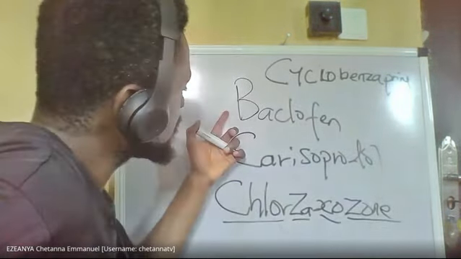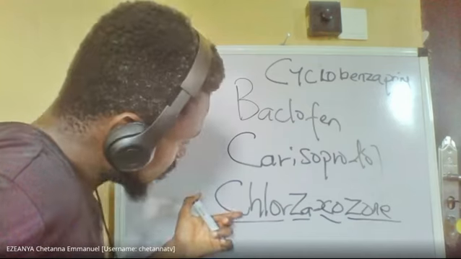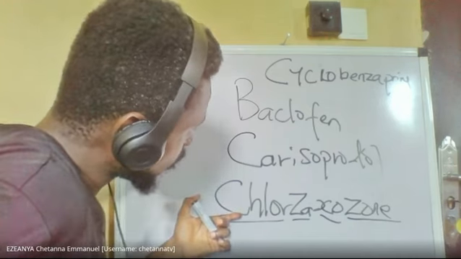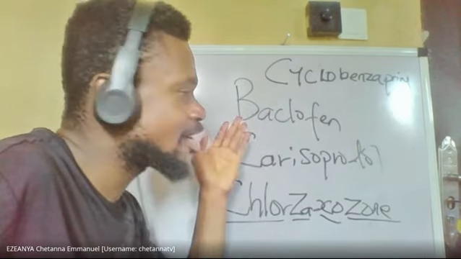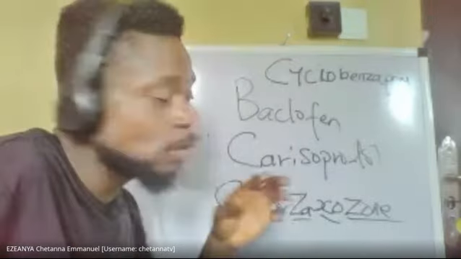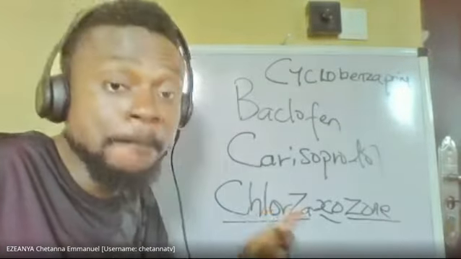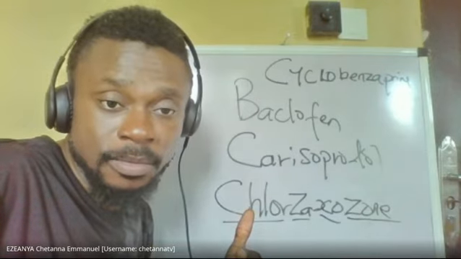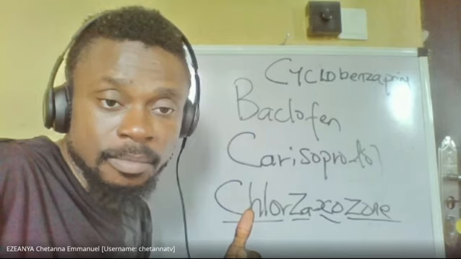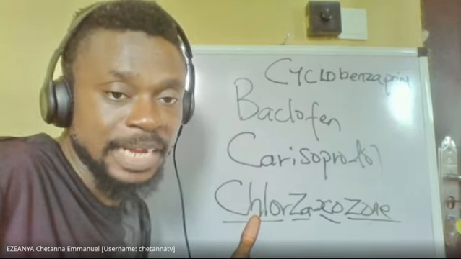Baclofen is common anyway. These two may not be common, but the commonest among them is diazepam. Among them, what we see in the pharmacy around is diazepam and methocarbamol. That is your Robinax.